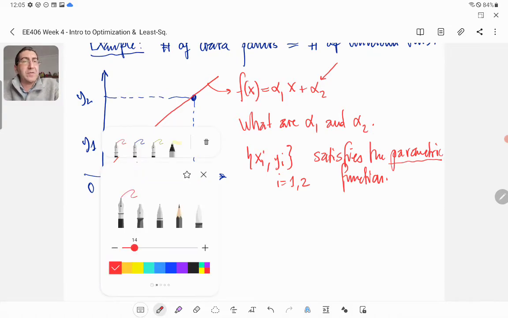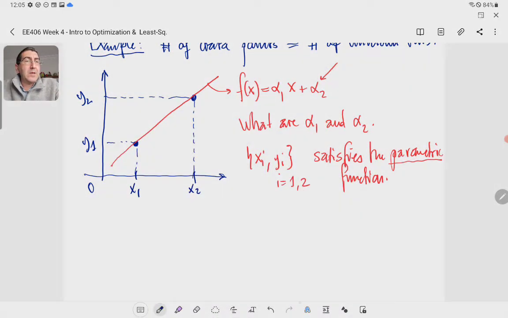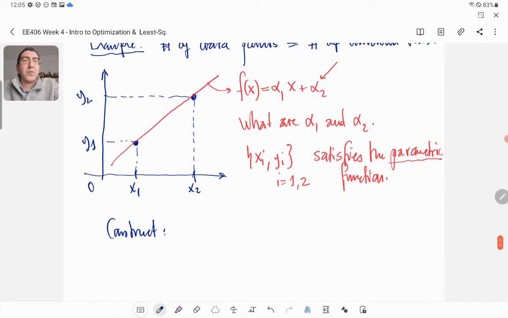So how do we solve that? Well, we impose the fact that these 2 points have to satisfy the parametric form. So we construct those constraints. We know that y1 has to be equal to alpha 1 x1 plus alpha 2, because we put x1 and y1 in the parametric form.